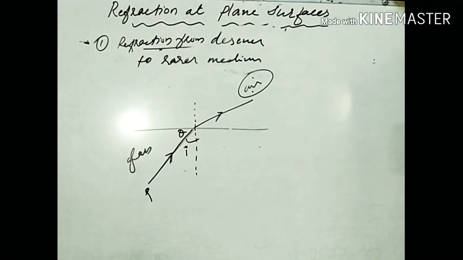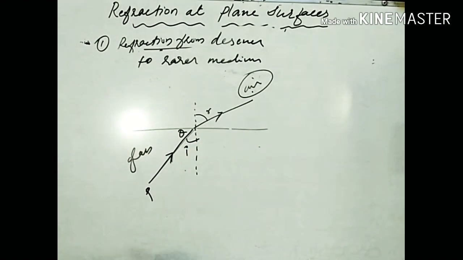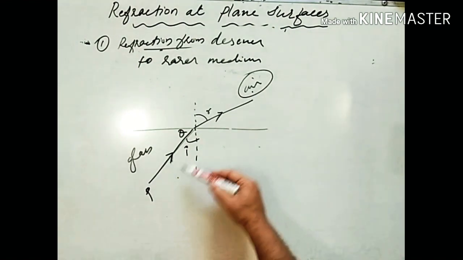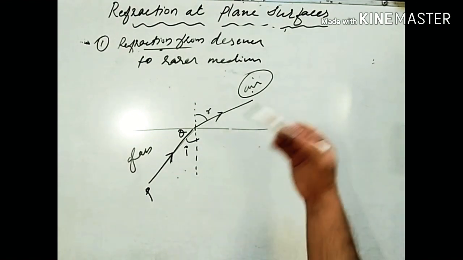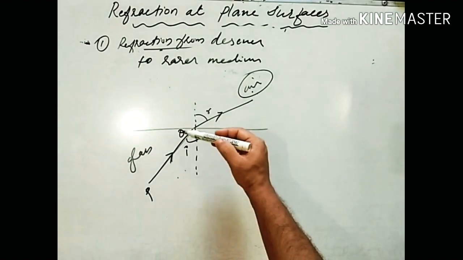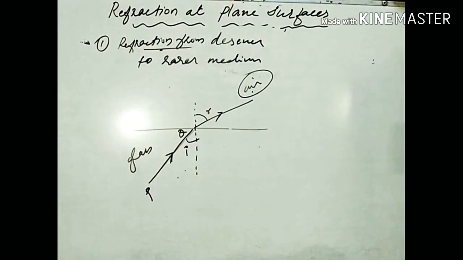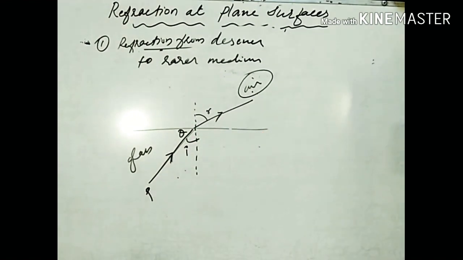See, it is bending away from the normal. So this is called the angle of refraction. Remember that when a ray of light travels from a denser medium to a rarer medium, it speeds up, and as a result of speeding up, it bends away from the normal. Please remember all these key points. This is how refraction from a denser to a rarer medium takes place.